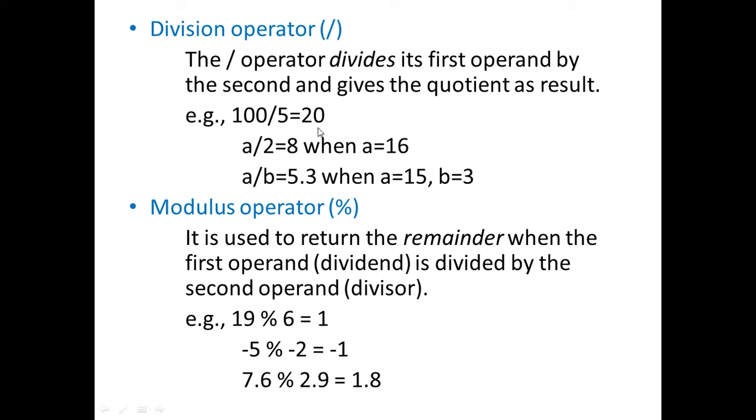Here the quotient is 20. A by 2: if A is 16, then 16 by 2 will result in 8. A by B: if A is 15 and B is 3, then 15 by 3 will result in 5.